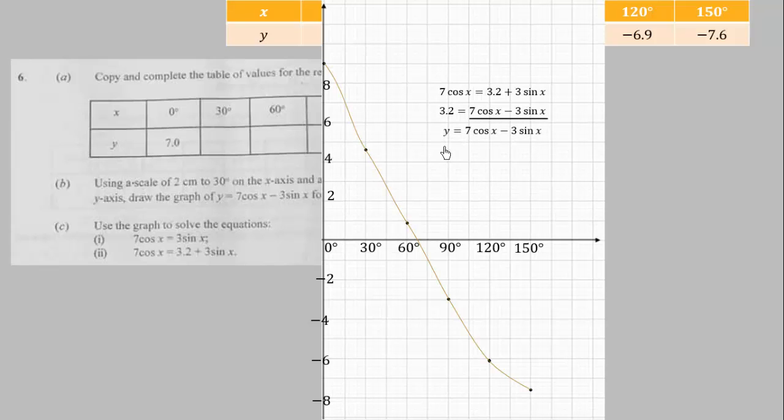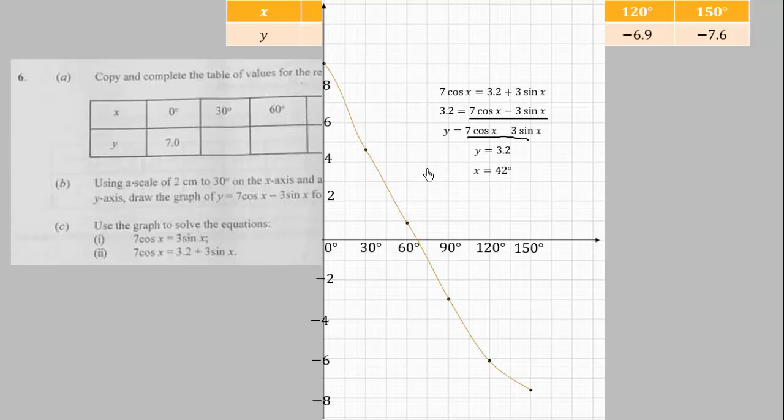So we compare it now to the one we graphed. Since this and this are equal, this and this must also be equal. So it means that y is equal to 3.2. Where the graph meets y equals 3.2 will be the solution. The x value of that point will be the solution to this equation.